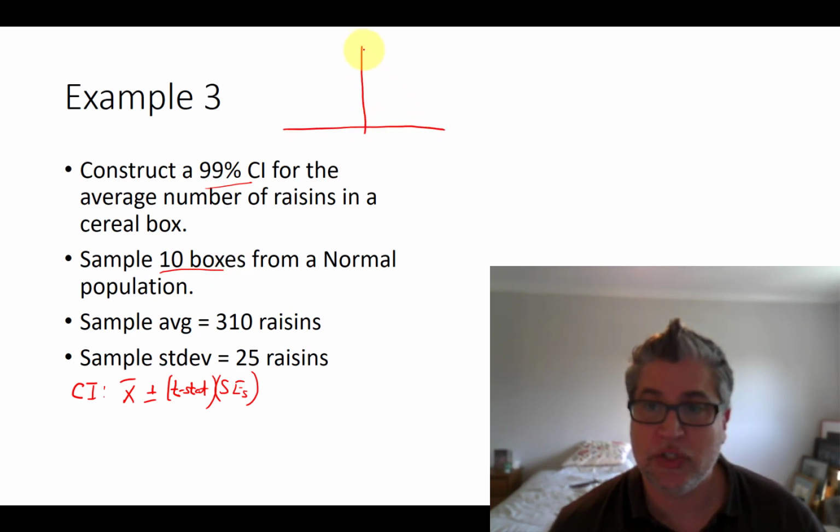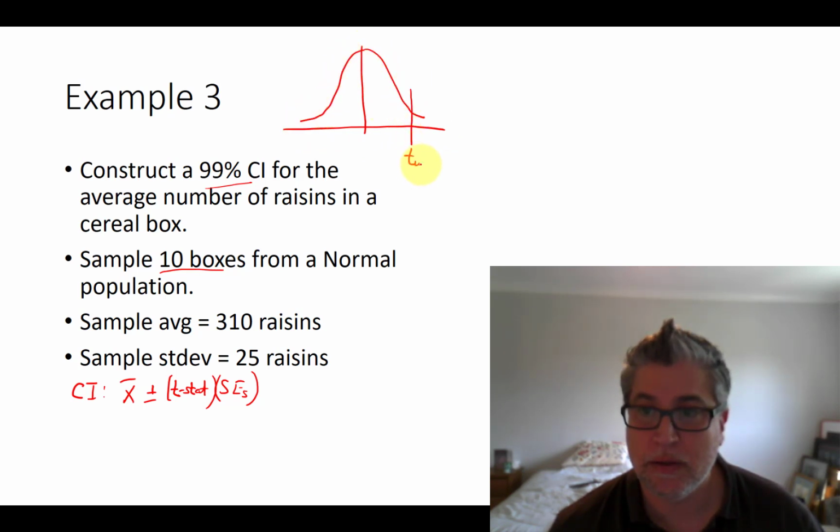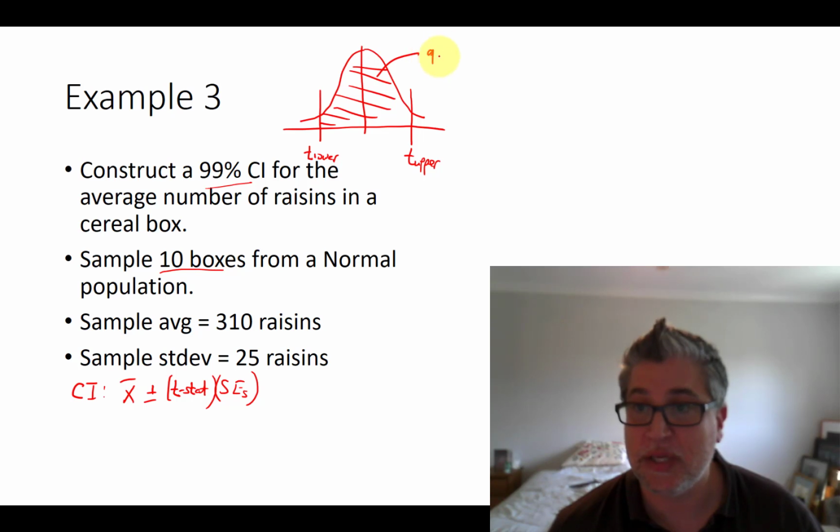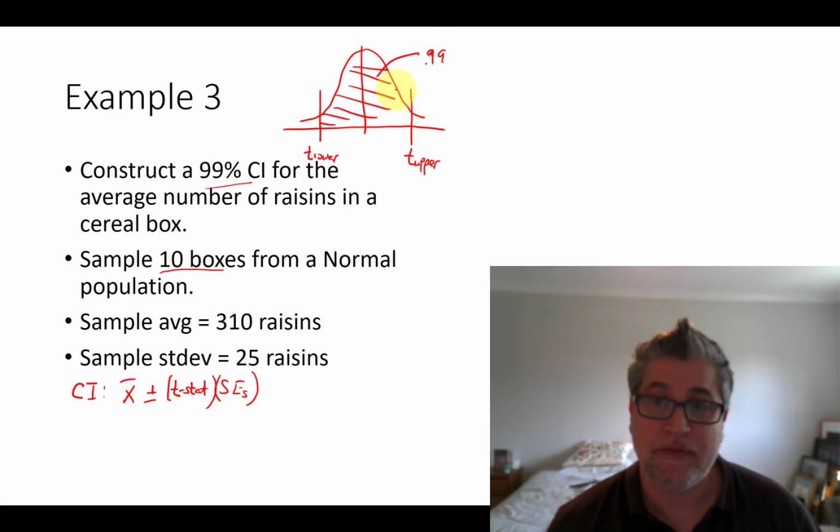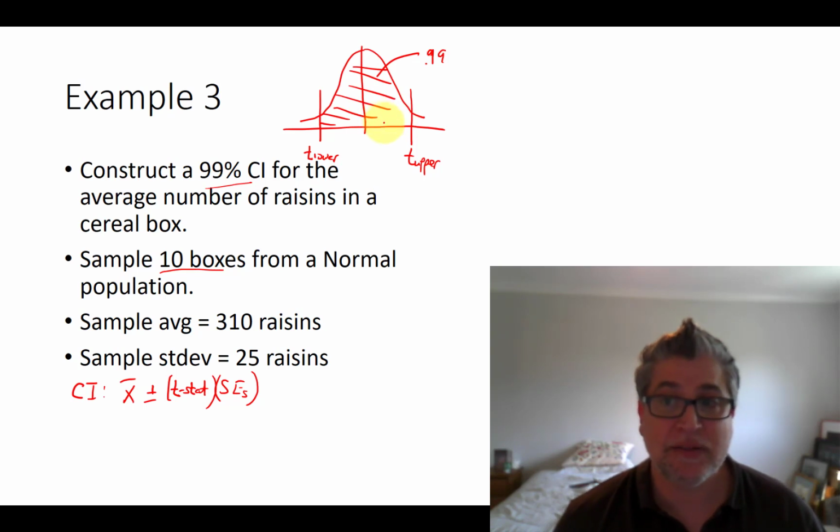So we draw our t-distribution just to kind of guide our intuition. We're trying to find t upper and t lower, where the area inside between those two t's is 99%. Now, if 99% is inside of those bounds, then 1% has got to be outside of those bounds.